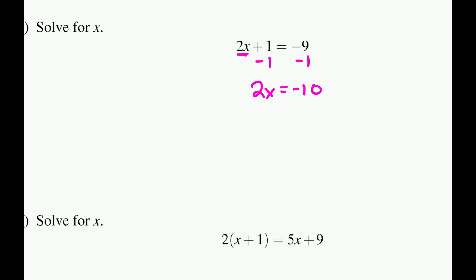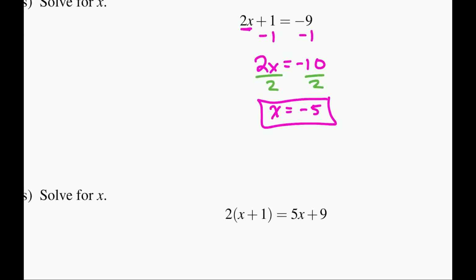Then what you want to do to solve for x is divide by 2. So divide by 2, divide by 2, and we end up with x equals -10 divided by 2, which is -5. There you go. That's all there is to that.